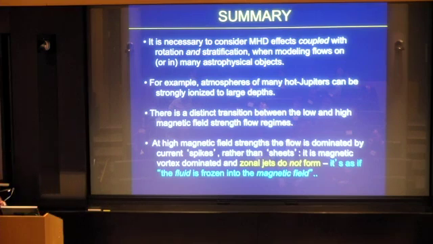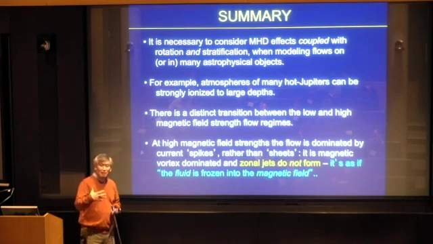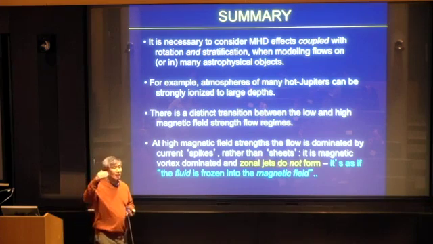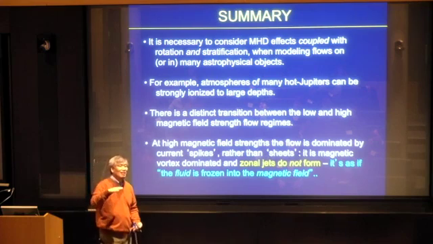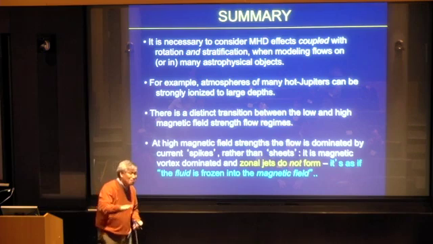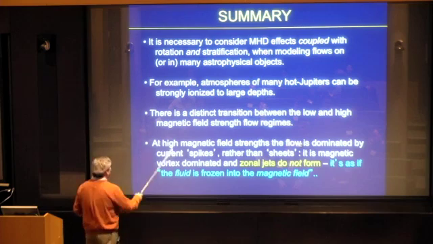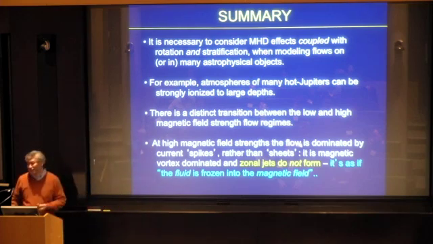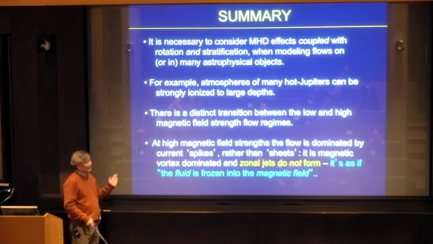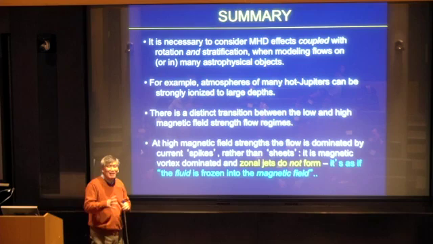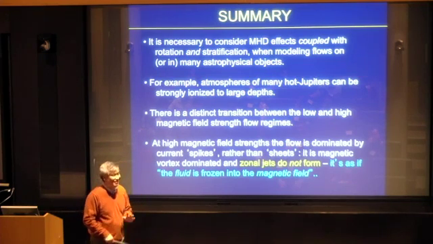But we're beginning to see that if you want to study things like hot Jupiters, for example, where the planet is so close to the star, not only is there a strong ionosphere, the ionosphere turns out to be located much deeper in than, say, the Earth's, for obvious reasons. You also saw that the magnetic field not only disrupts zonal flows in that situation, there is an abrupt transition depending on what the global mean field strength is. So thank you very much.